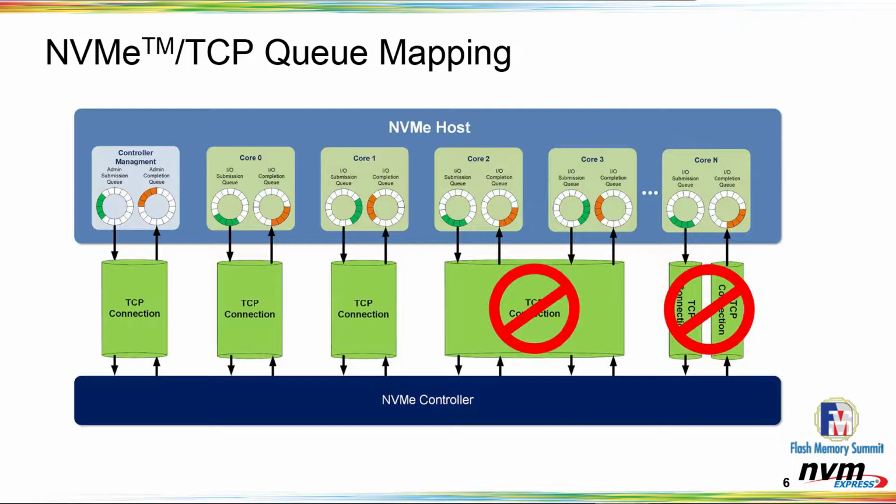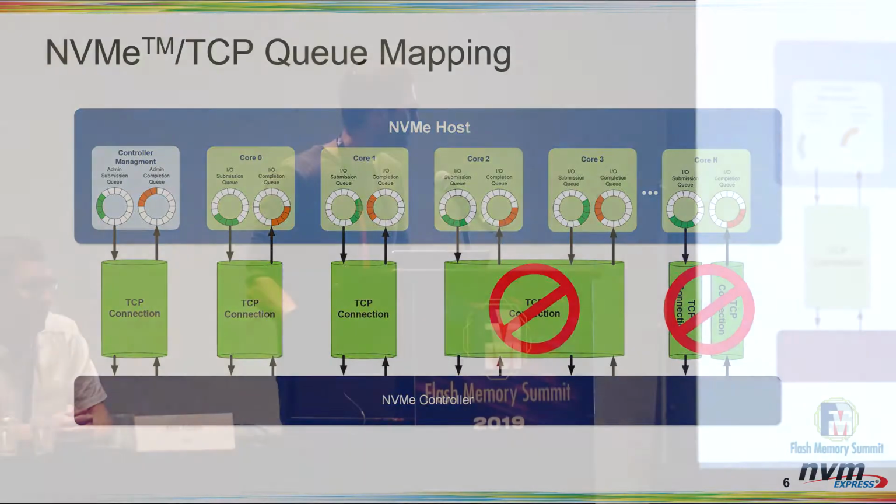So you don't have aggregation of queues that map into a single stream, or a single NVMe queue that maps into multiple TCP/IP streams. Basically, the scaling or the parallel channels are scaled with NVMe queues, each mapped one-to-one to a bidirectional TCP/IP stream.